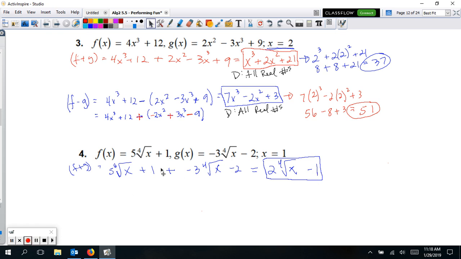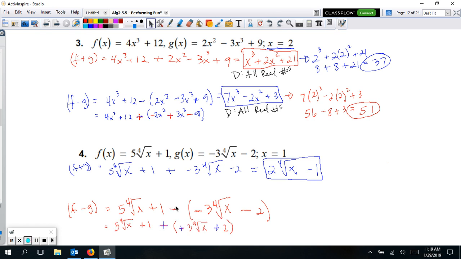f minus g, again, is just going to change this. I'm also going to put the g function in a parenthesis, since that's the second one. Always just the second one goes in a parenthesis when we're subtracting. So now it'll look like this here. Here's your f minus the g function in a parenthesis, and we're going to distribute this negative into here. I'm going to change this to plus again, just to show that now I can combine like terms again.